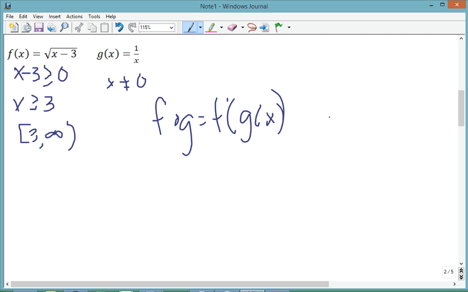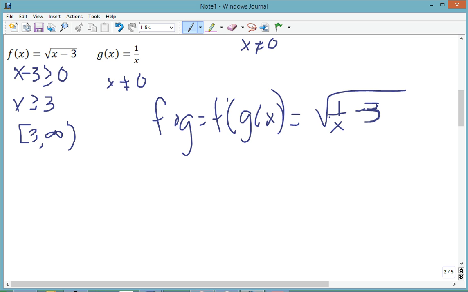And now you notice that what I'm going to do is plug in 1 over x into that square root, right? So now this is what has to be greater than or equal to 0. It doesn't even matter what I plug in for x.